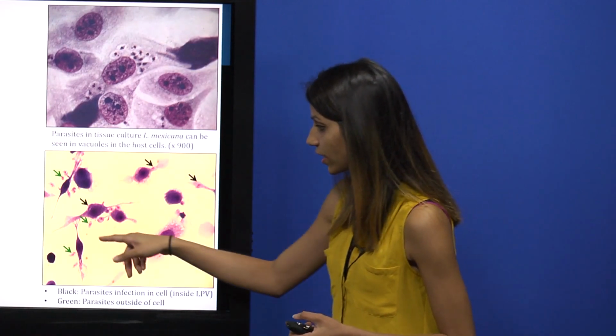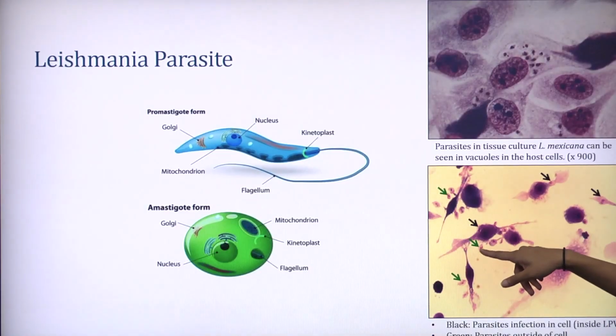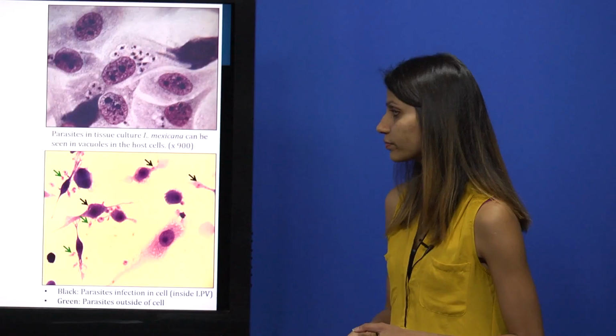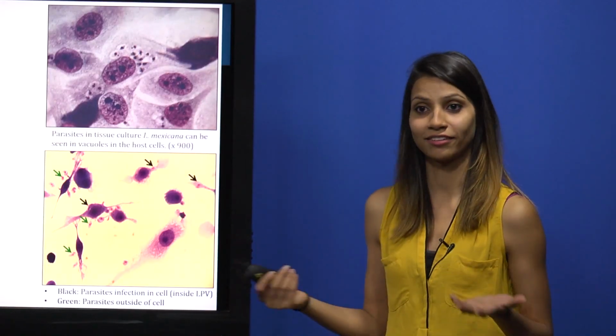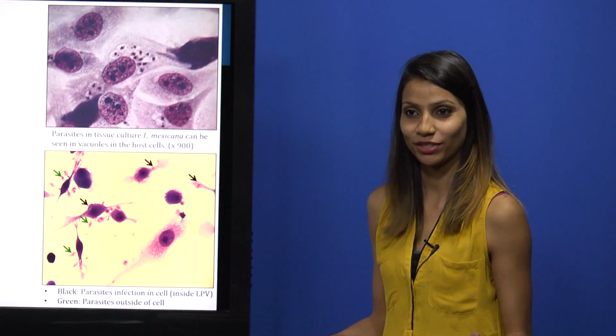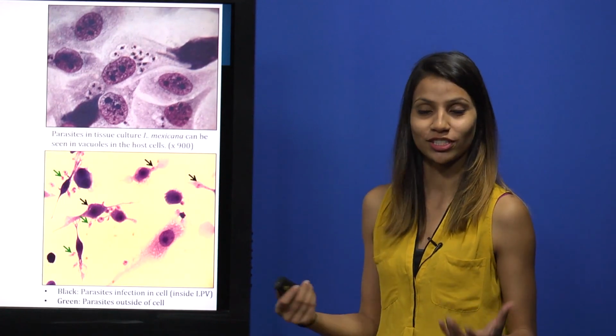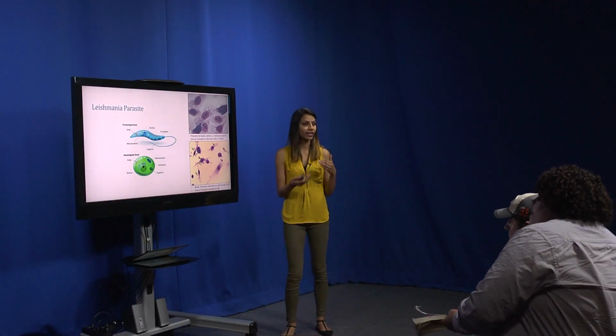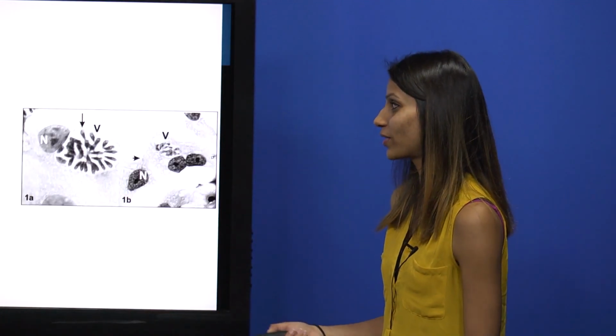And you will see that the parasites which are outside are still in their promastigote form. It's very interesting to view it every day under the microscope and take a look at their behavior, even though all that has been documented already, it's just fun to view it and see how it works.